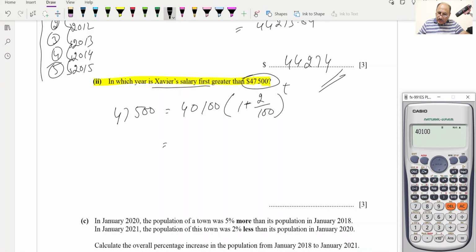So if we take 40100 and multiply by this one, 1 plus 2 over 100, bracket close, and raise to the power t. This is how we can raise to a power, we can take x, and this is how we can check. Like for example, calculate for x roughly 2.